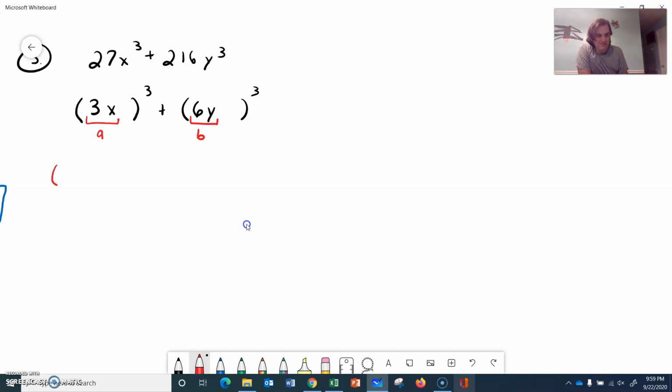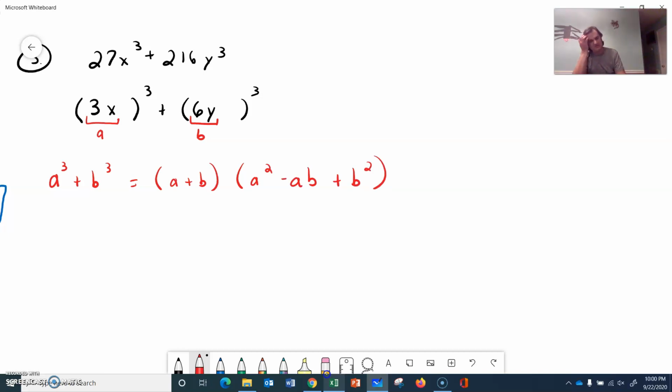So the sum of cubes formula looks like, if we have a cubed plus b cubed, which is what we're looking at, a cubed plus b cubed would be a plus b times a squared minus ab plus b squared. And those are a little hard to remember, but jot them down somewhere.